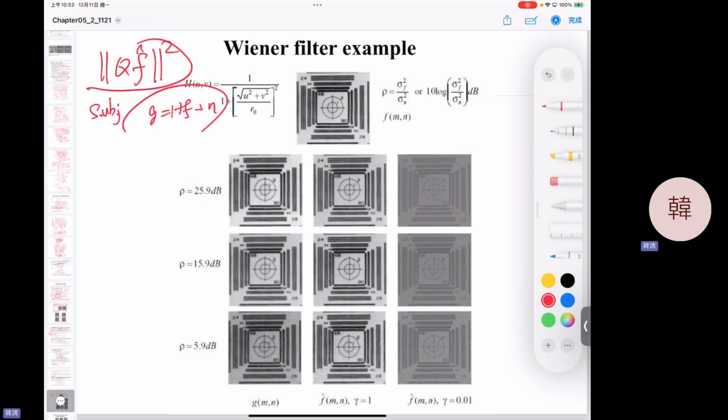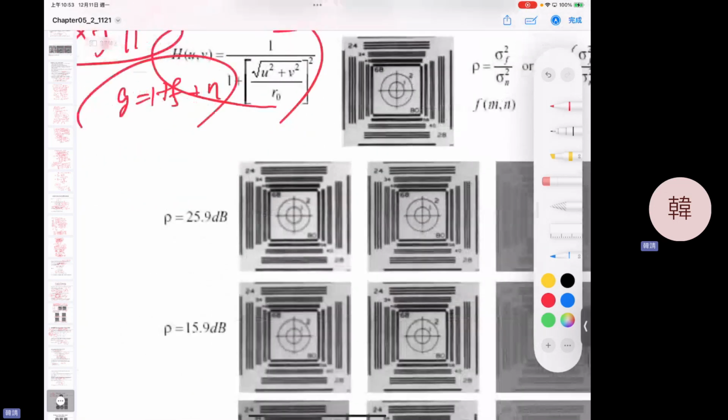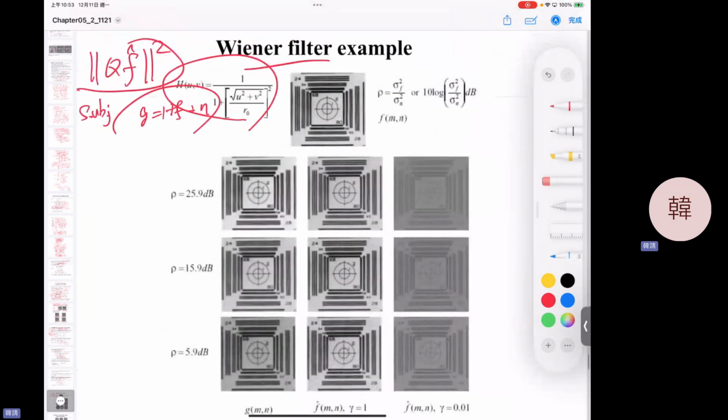In this example, the degradation filter is a Butterworth low-pass filter, which we perform to degrade your original image. It becomes smooth, and we add some noise. Again, here we try to use the Wiener filter because there is some additive noise there. Otherwise, you just use the inverse filter.